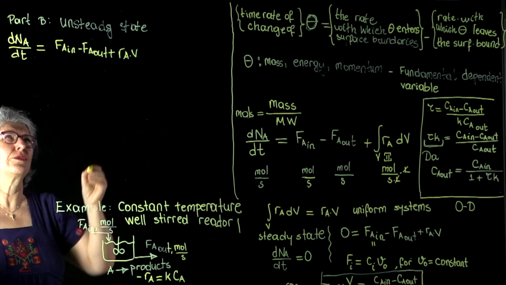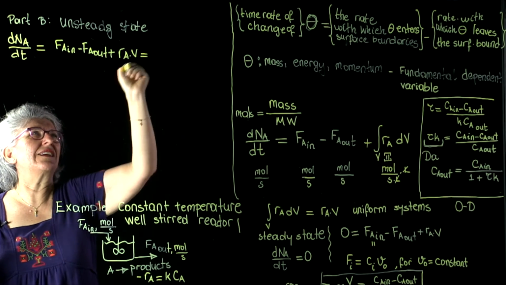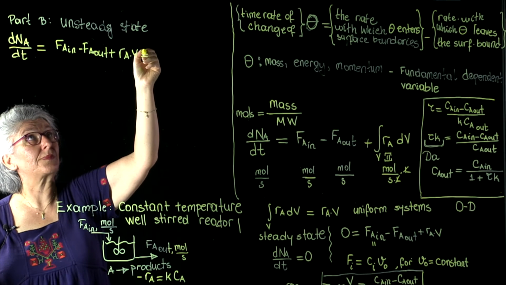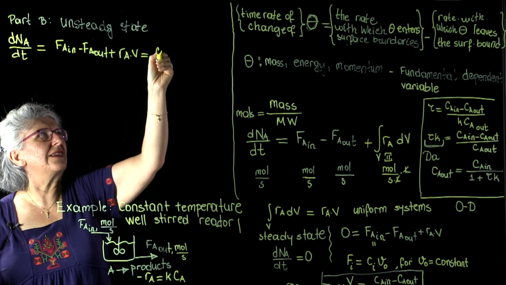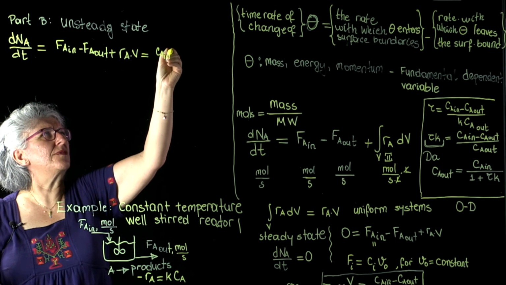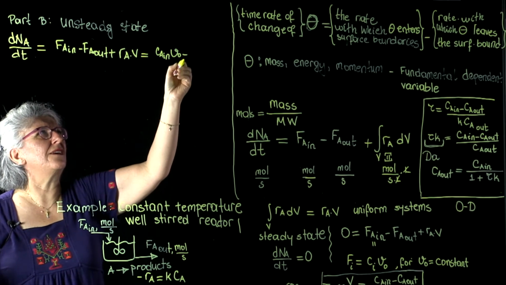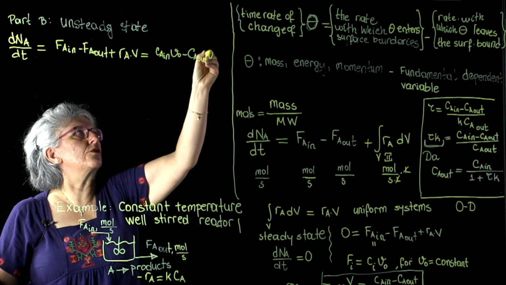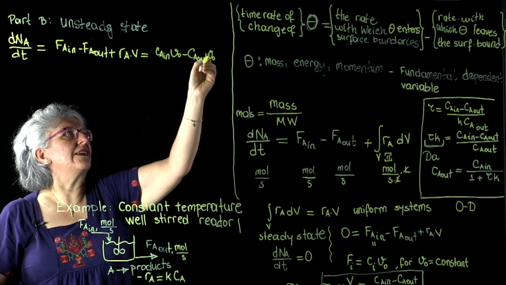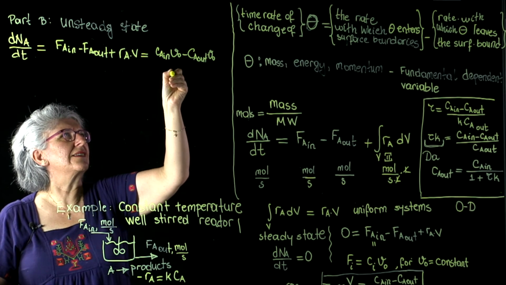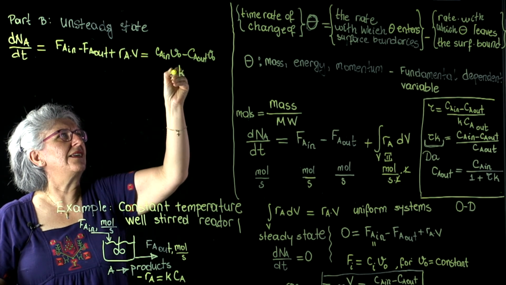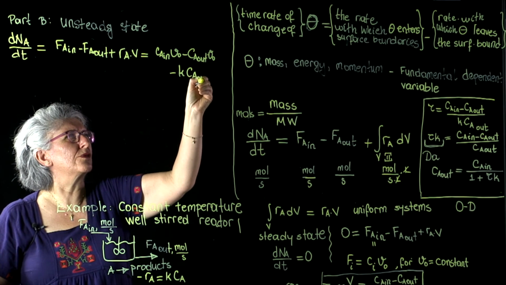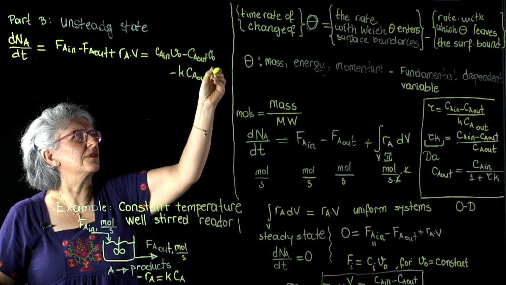Now we are going to substitute again everything in its place. FA in is equal to CA in times V0. FA out is CA out times V0, and RA is K times CA out times the reactor volume.